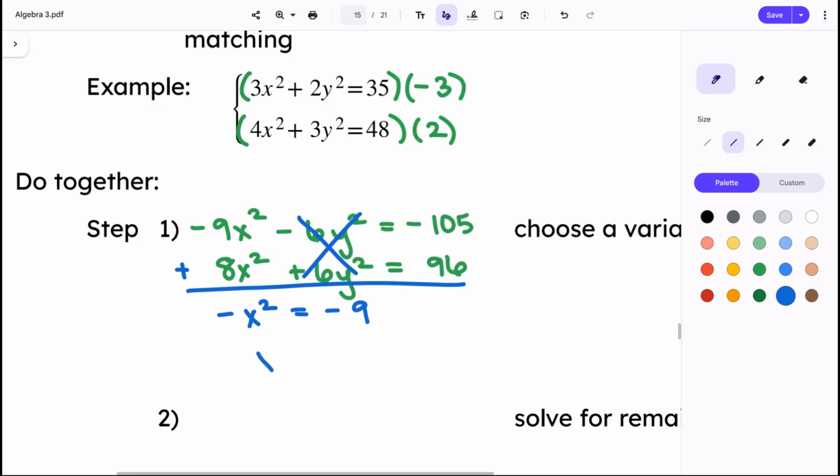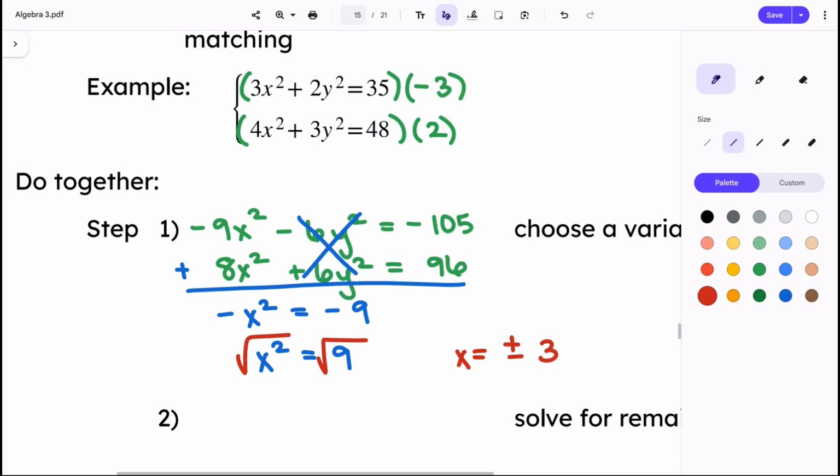Okay, so that would just become x squared equals 9, right? And then how do we get just x? Square root it. Now when you square root something, how many answers do we get? 2. So it's plus or minus 3. So make sure you think about that, because like yesterday when we were solving these, we had more than just one solution. So we're still going to have that today.